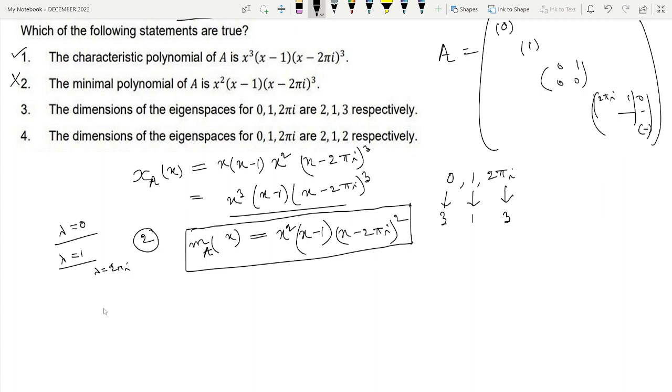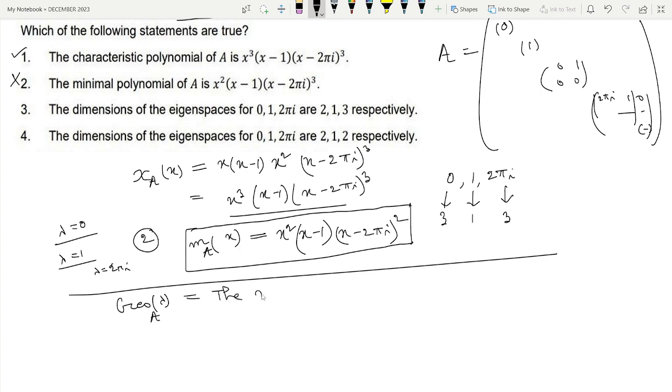So now also there is a result that we know, that the geometric multiplicity of an eigenvalue of A is equal to the number of Jordan blocks corresponding to that eigenvalue, here written lambda, corresponding to lambda.